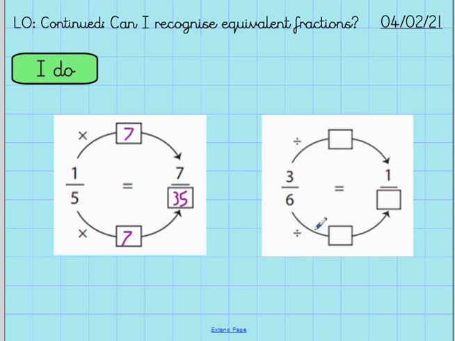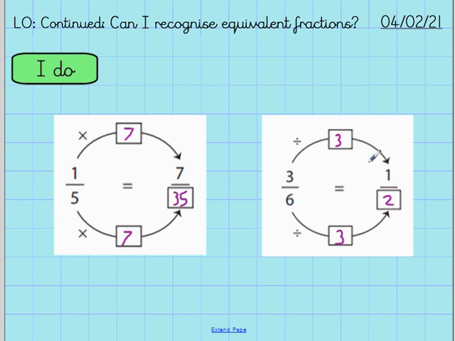So let's have a look here. Whatever we're going to do to the numerator, we're going to have to do to the denominator. So from 3 to get to 1, what are we going to have to divide 3 by? I've got 3. I need to divide it by 3, don't I? 3 divided by 3 equals 1. Now I know I'm going to have to do that to the bottom, to the denominator. So 6 divided by 3 is 2.